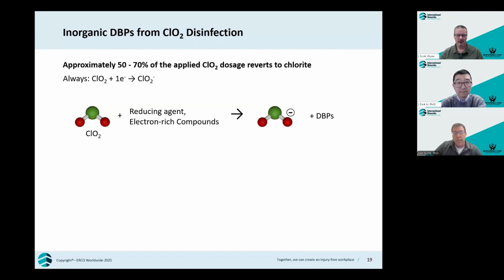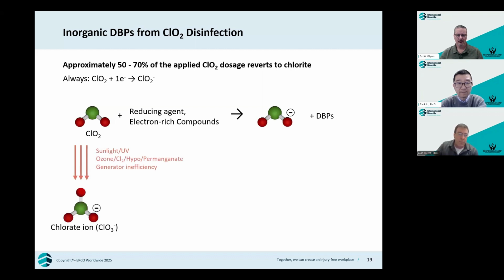Generally, about 50 to 70% of the chlorine dioxide dosed into the system can be detected as byproduct in the system. There is also some chlorate that is co-generated as a byproduct. This can be generated from sunlight and UV degradation of chlorine dioxide or chlorite.